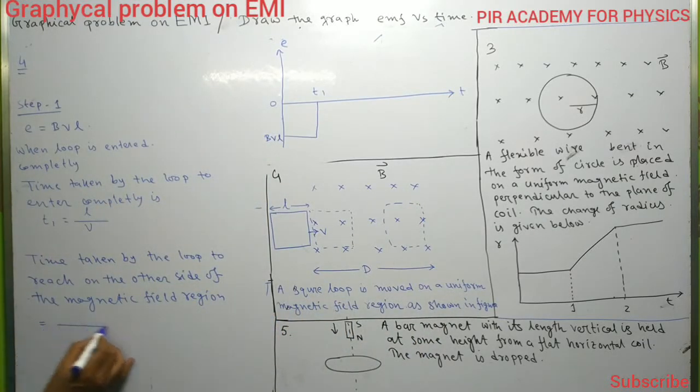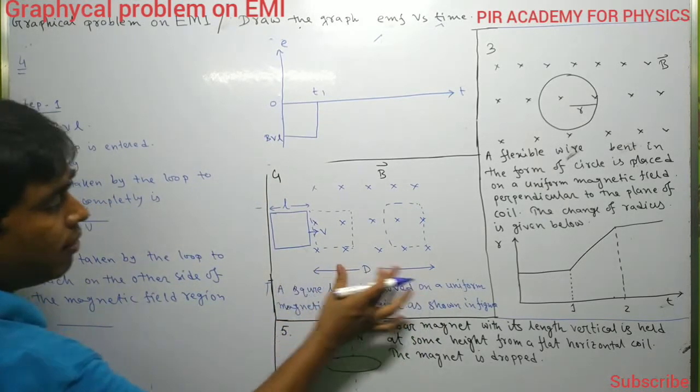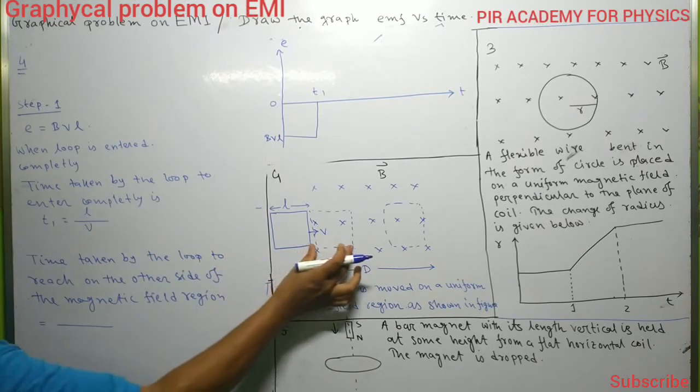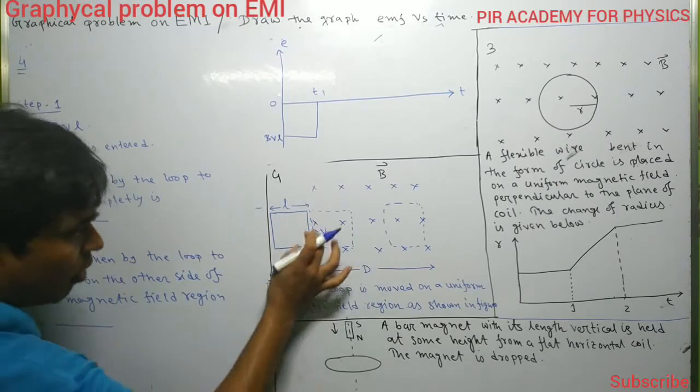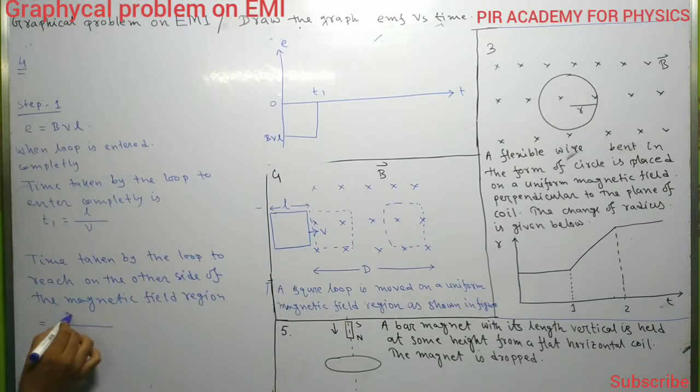What is the time taken by this loop? Here the total is D and this length is L, so the distance traversed by this loop is D minus L, divided by V.